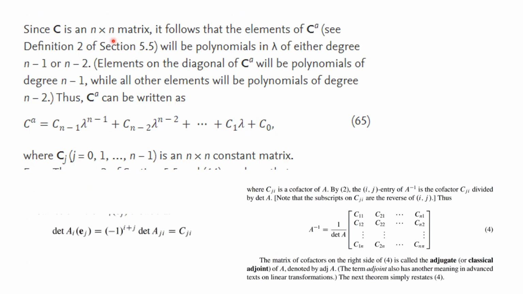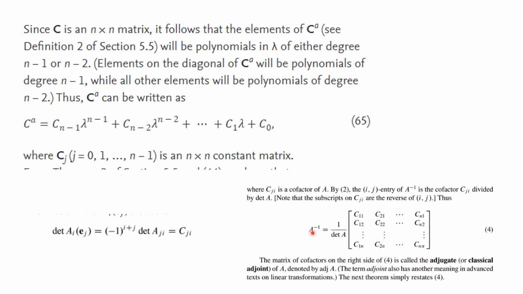Okay, now the C we talked about is an n by n matrix, and so it follows that the elements of Ca, and this is the adjoint of C. So let's remind ourselves what the adjoint is. The adjoint is this Cji, and it's this matrix that looks like this: C11, C21, Cn1, C12, C22, Cn2, all the way to C1n, C2n, Cnn.